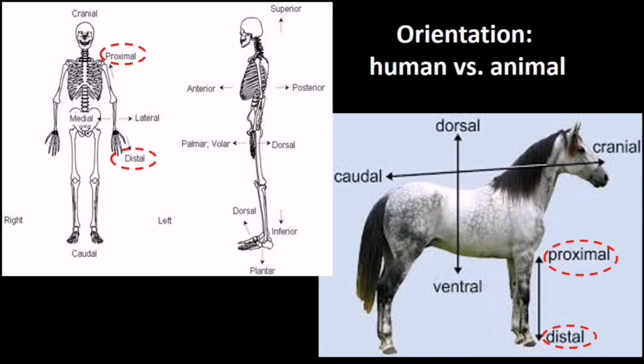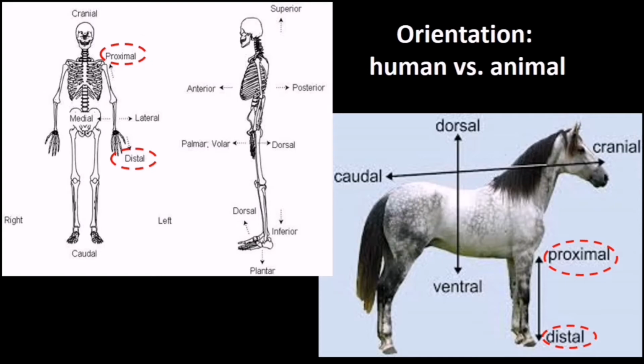It moves away from the shoulder. Usually we point it to the fingers, and you have to understand that animals walk on 4 feet. Well, us, the humans, we walk upright on 2 feet. So you have to use your imagination. Where are the proximal and distal of the animals?